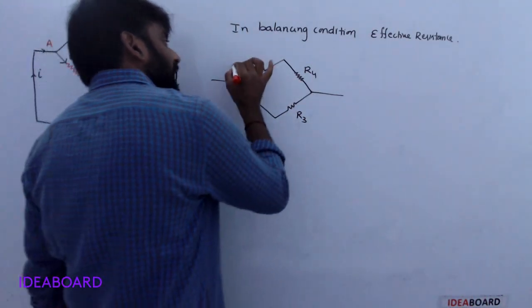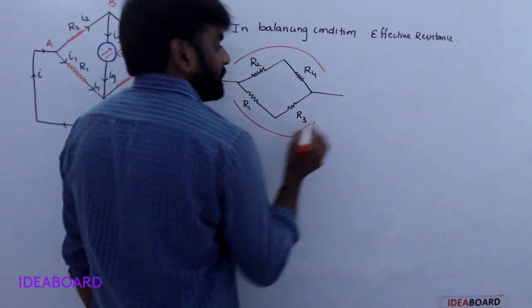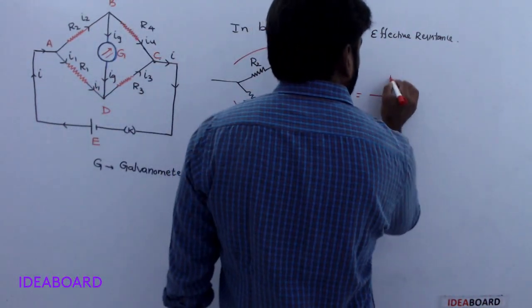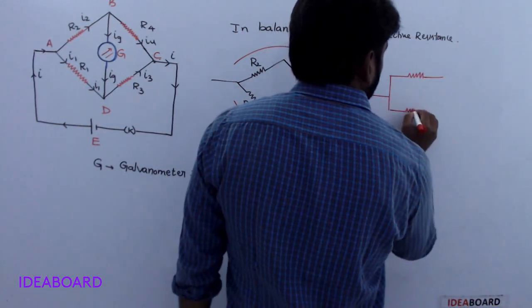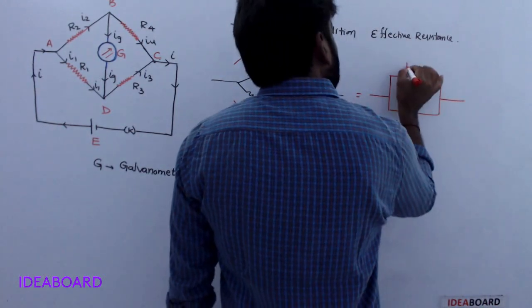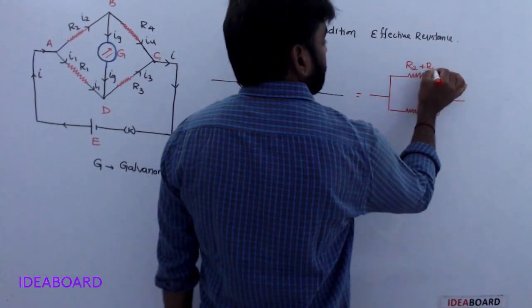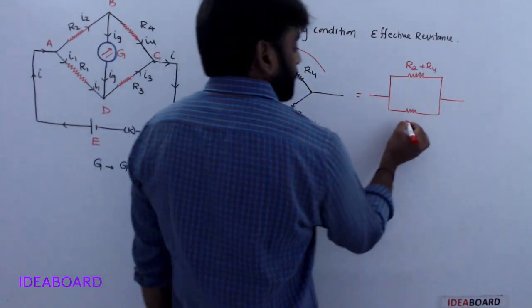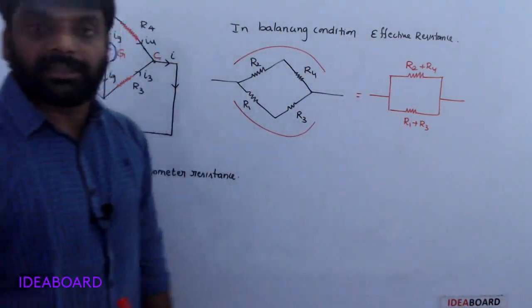These two are in series. Its equivalent circuit: R2 plus R4, and R1 plus R3.